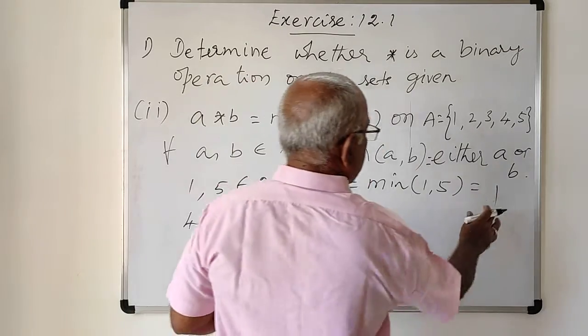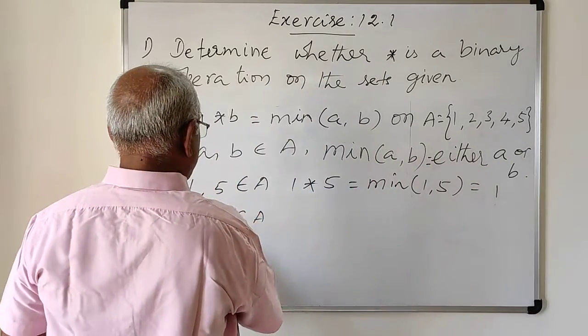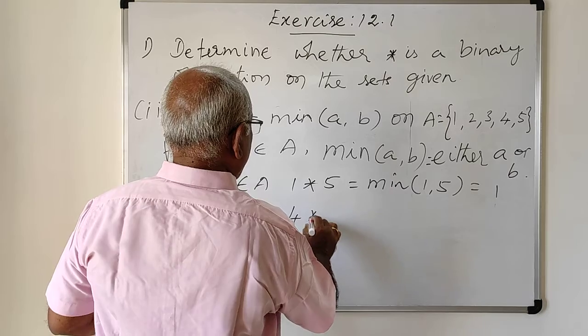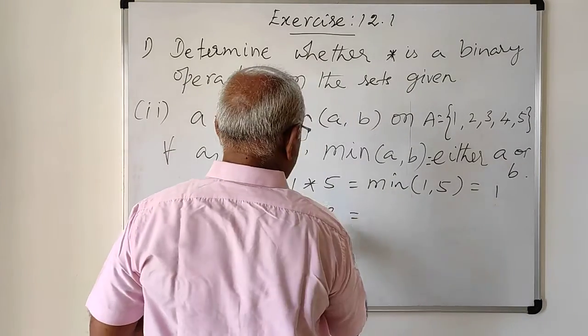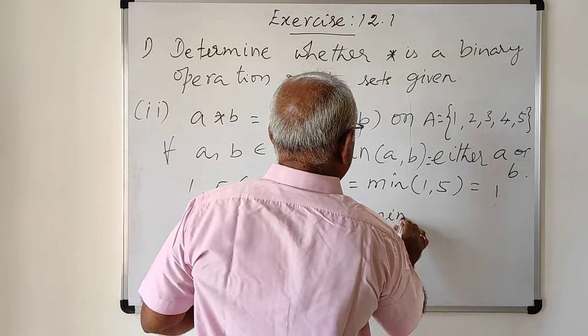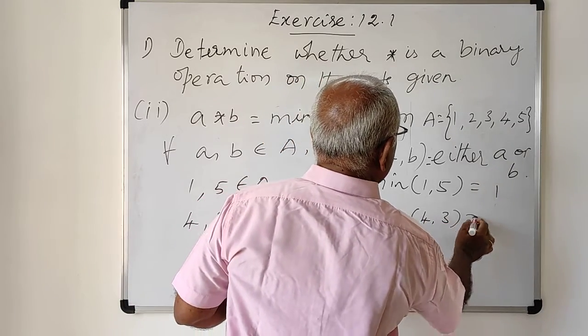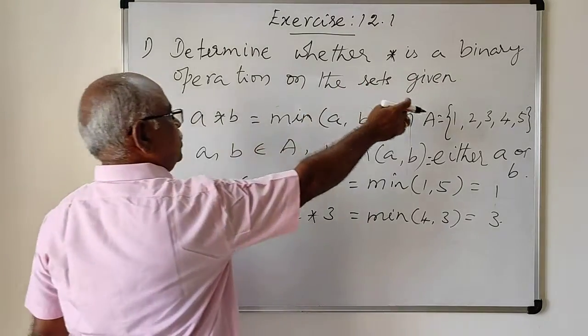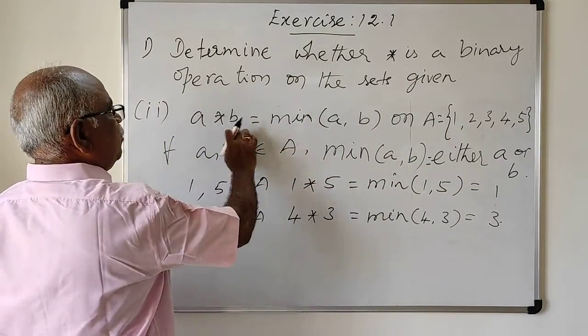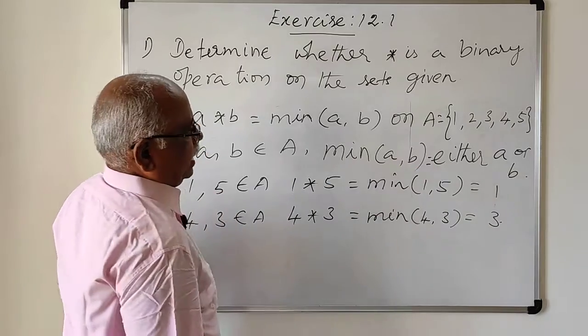Similarly, 4 star 3 equal to minimum of 4 comma 3, which is equal to 3. Like that, minimum of A comma B is again in A.